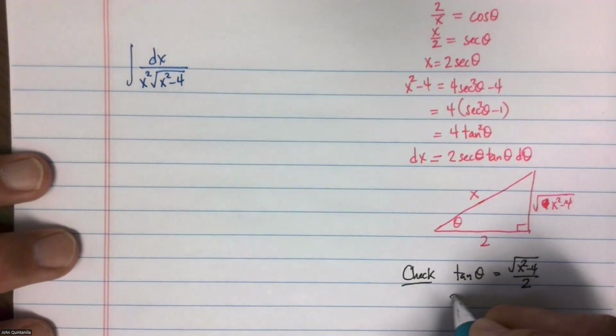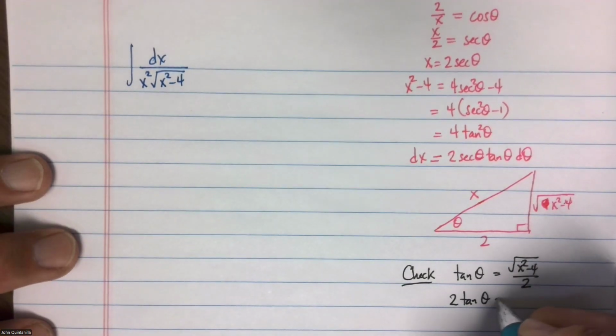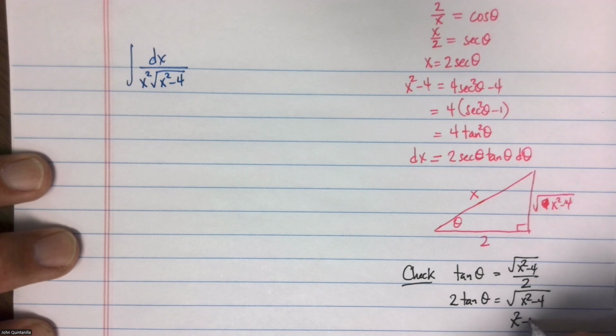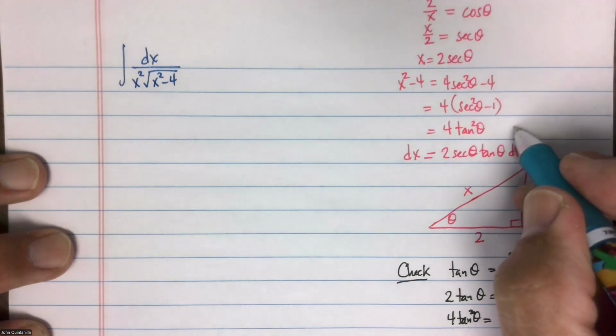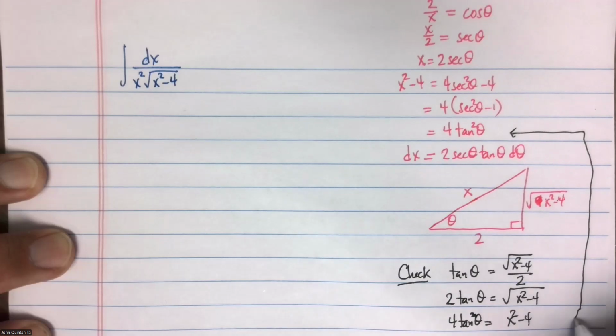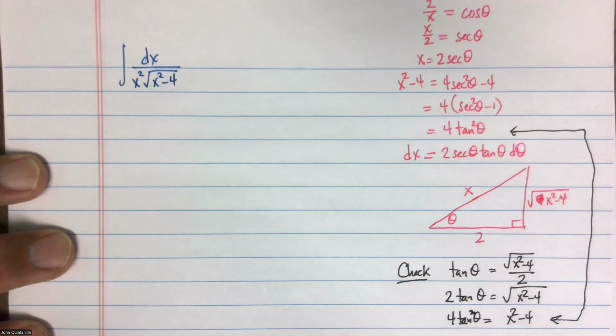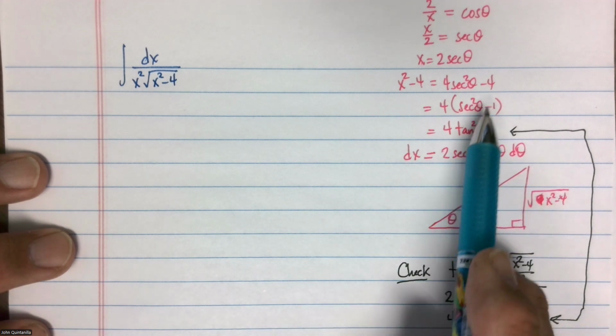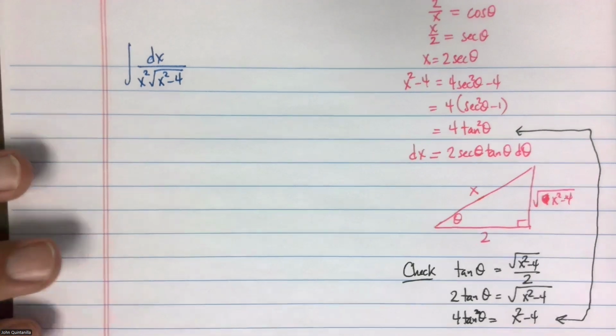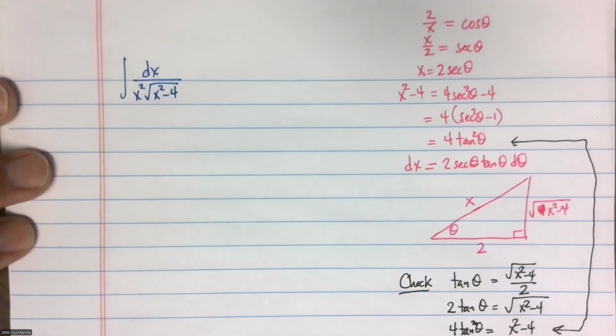That means 2 times the tangent of theta is equal to the square root of x squared minus 4, or x squared minus 4 is equal to 4 times the tangent squared of theta. As expected, these two lines match up. What I have down here in black is not technically necessary, but I wanted to confirm the trig identity that we used up here. Okay, so back to the calculation.